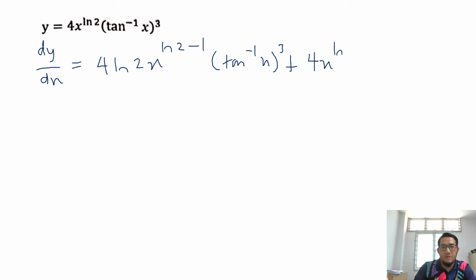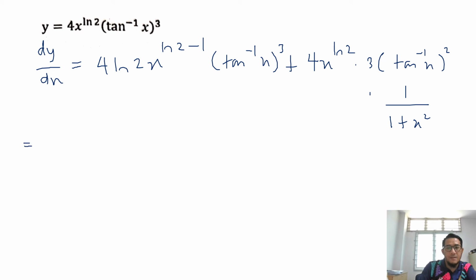4x to the power of ln 2 times, for tangent inverse of x cubed, we should use the chain rule: 3 times tangent inverse of x to the power of 2, times the derivative of tangent inverse, which is 1 over 1 plus x squared. Then you can simplify.